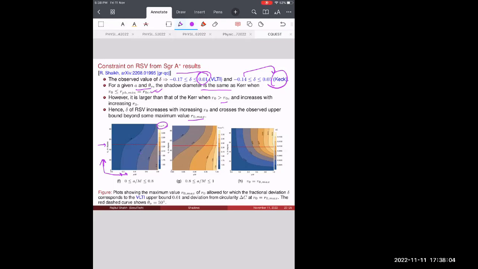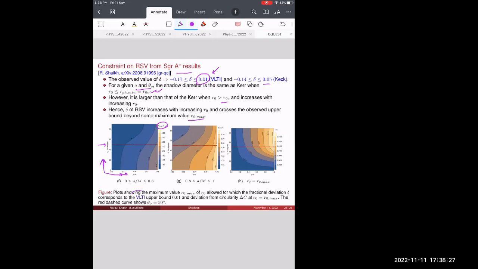Note that this R0 max we can calculate using either the Keck bound or the VLTI bound. So we increase R naught, and when delta corresponds to the upper bound, we call it R0 max using this VLTI bound, and for the Keck bound we found R0 max separately.